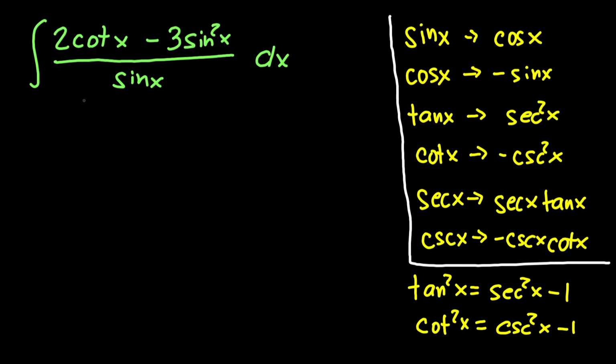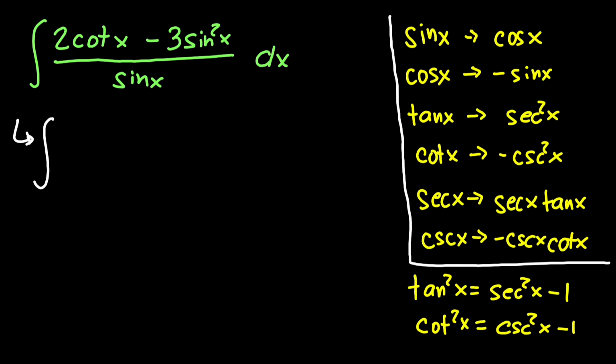The integral of 2 cotangent x minus 3 sine squared x all over sine of x dx. So first thing you're going to do here is to simplify this. So split this integral into two equal parts with the denominator as sine of x because they both share the same denominator anyway. So this would be the integral of 2.